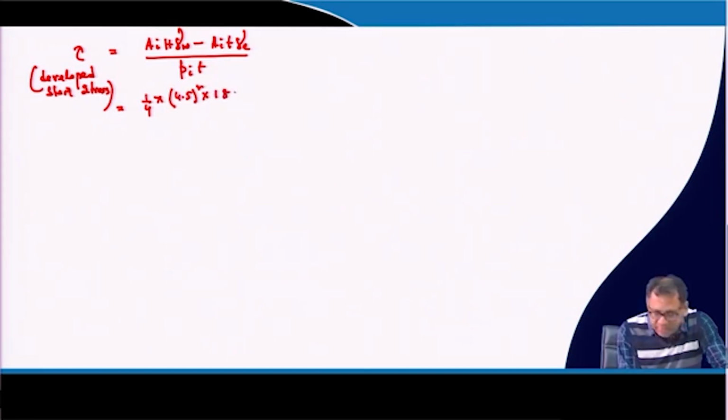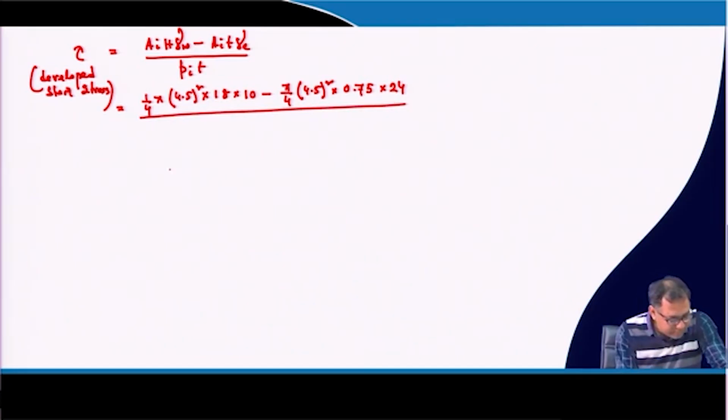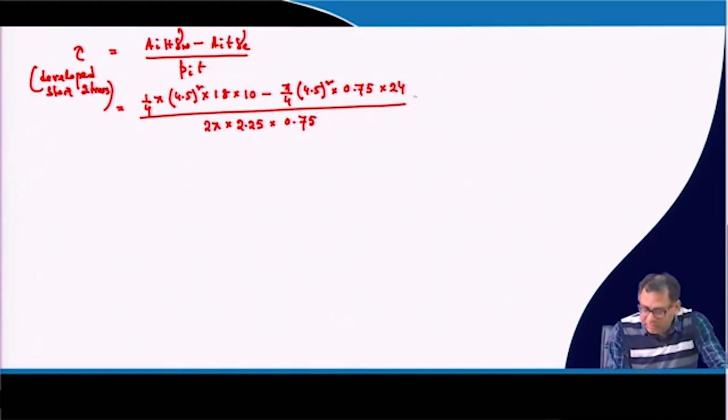Then H is 18, unit weight of water is 10, again pi by 4, 4.5 square, then thickness is 0.75, unit weight of concrete is 24. Then divided by the inside perimeter, this is a circular section, 2 pi inside radius 2.25, then the thickness is 0.75.